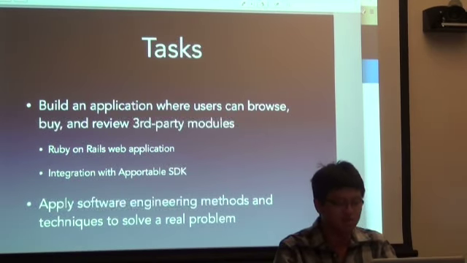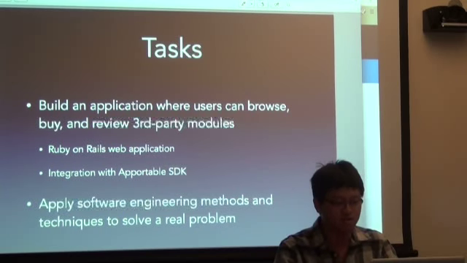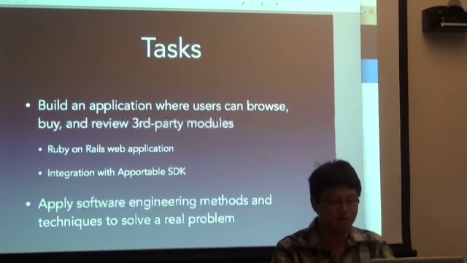The first is the Ruby on Rails web application, where developers browse modules, and the other is integration with the Apportable SDK, so users can just use their command line tool to build their project with their third-party modules. And that's also the purpose of this course: to apply software engineering methods and techniques to solve a real problem.